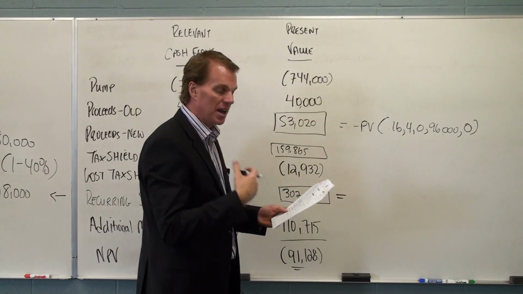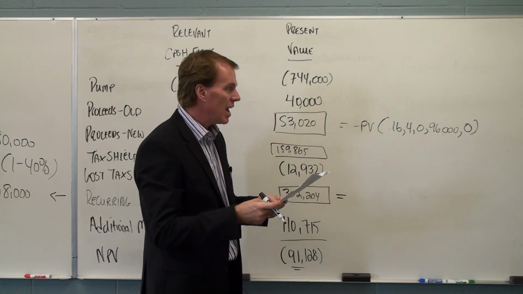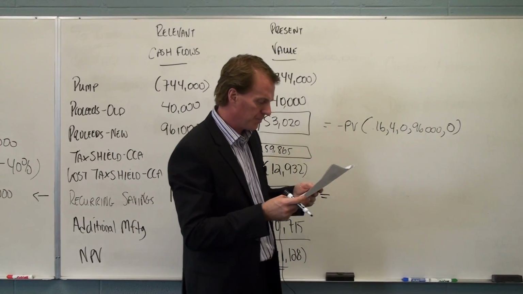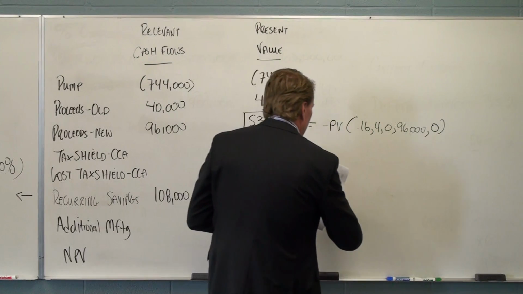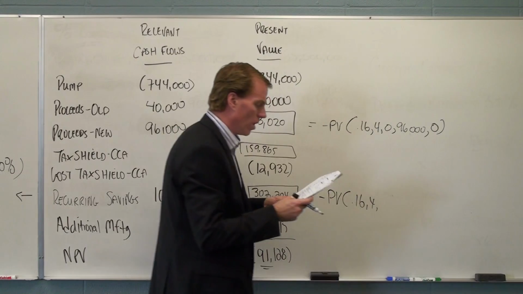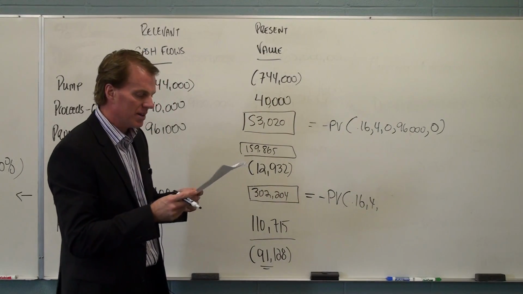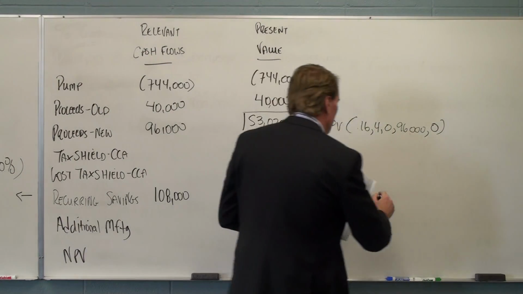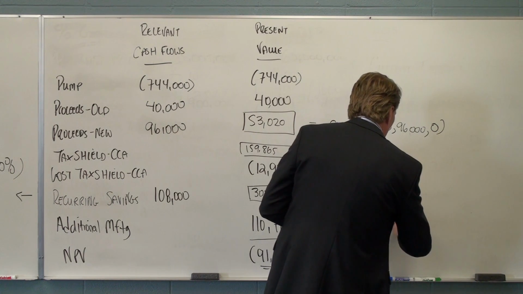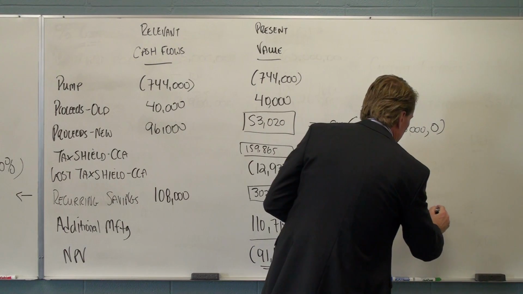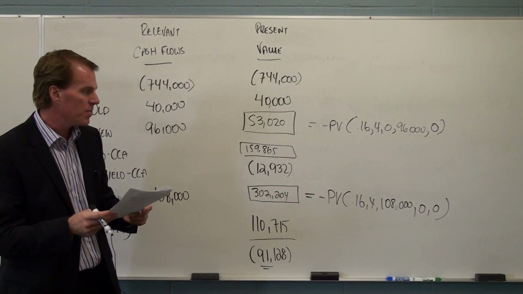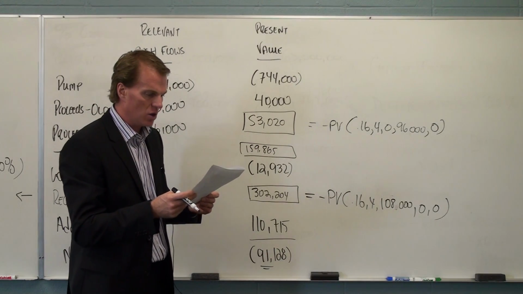You would have to use the payment feature that you see right here. So you would go negative present value equal to 0.16 and 4, but then your payment amount would be the 108,000. Your future value would be 0, and your type would also be 0 as well.